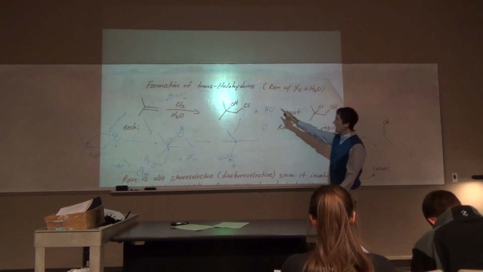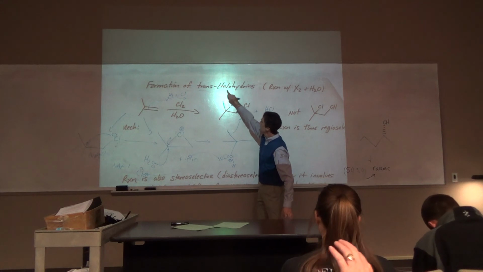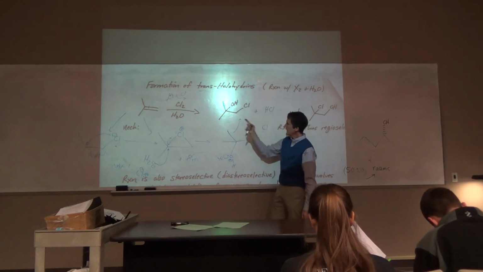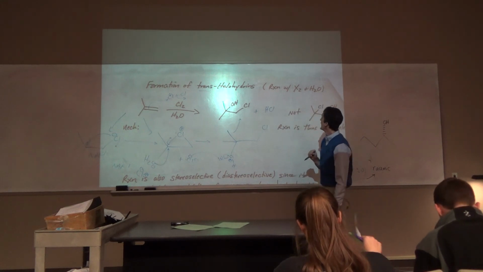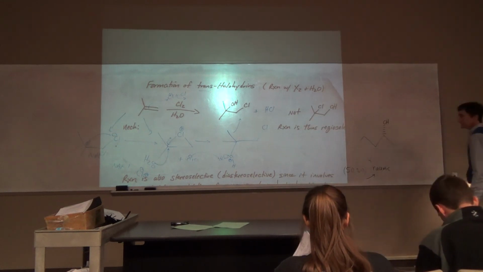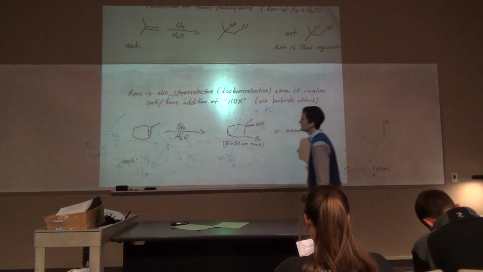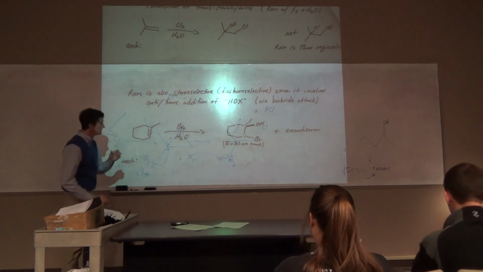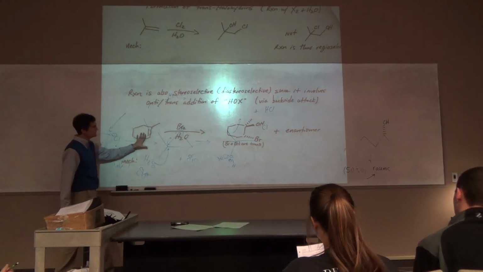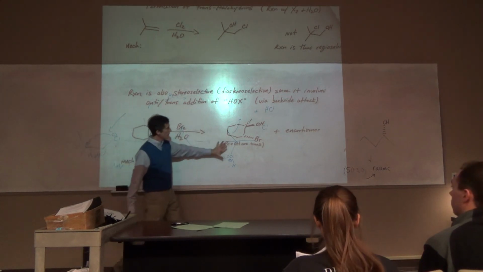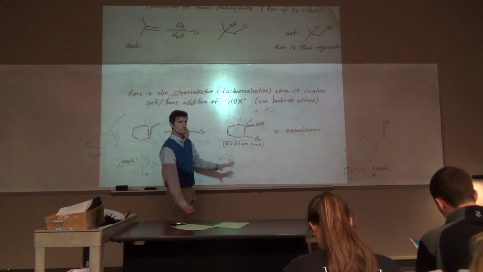This is called a halohydrin. Sort of like halogen and hydro for water. You had both halogen and water, so the product from there is a halohydrin. Common reaction. Please be looking at the stereochemistry. If you have bromine in water, we're going to get this stereochemical outcome.